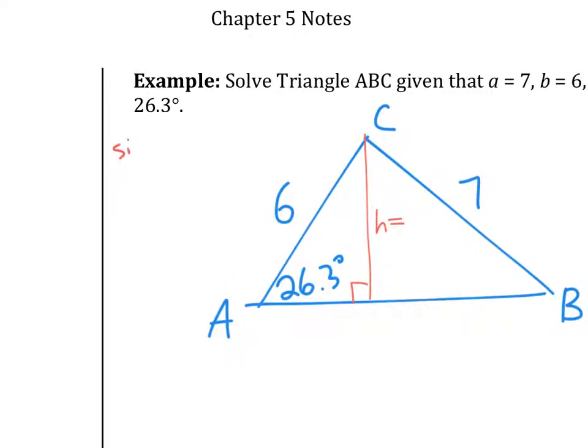Okay, so sine of 26.3 is equal to opposite over hypotenuse. So we need to figure out what H is. H is 6 times sine 26.3.